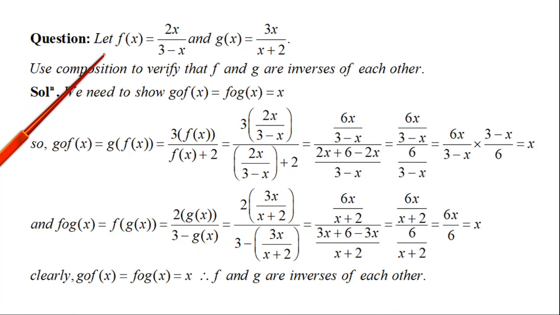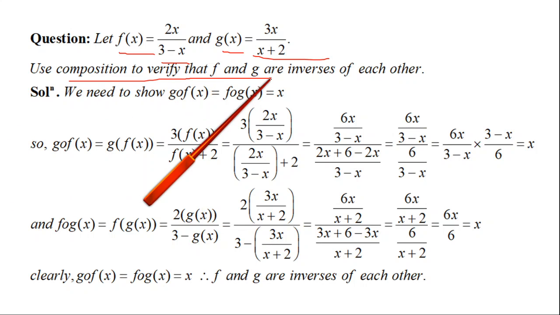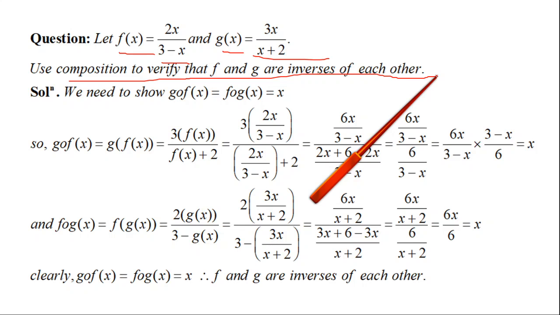Now let f of x be this and g of x be this. So we have two functions f and g, and this is how f is defined and the definition of g is this. The question is: use composition to verify that f and g are inverses of each other.